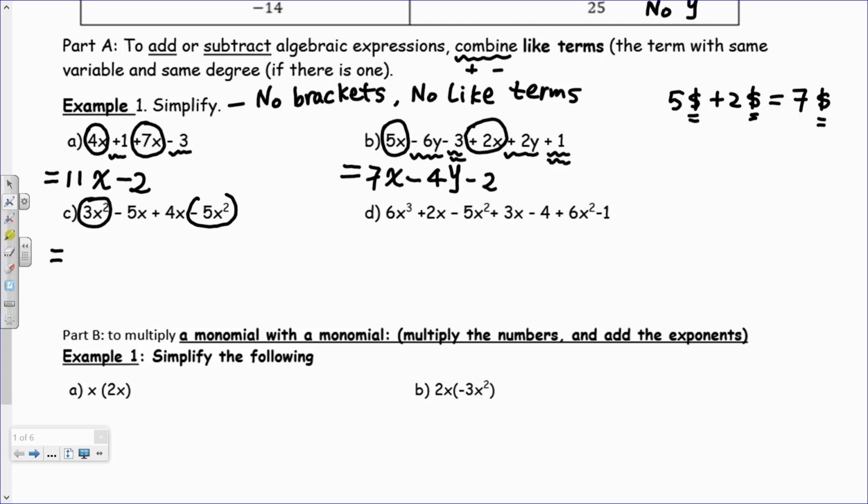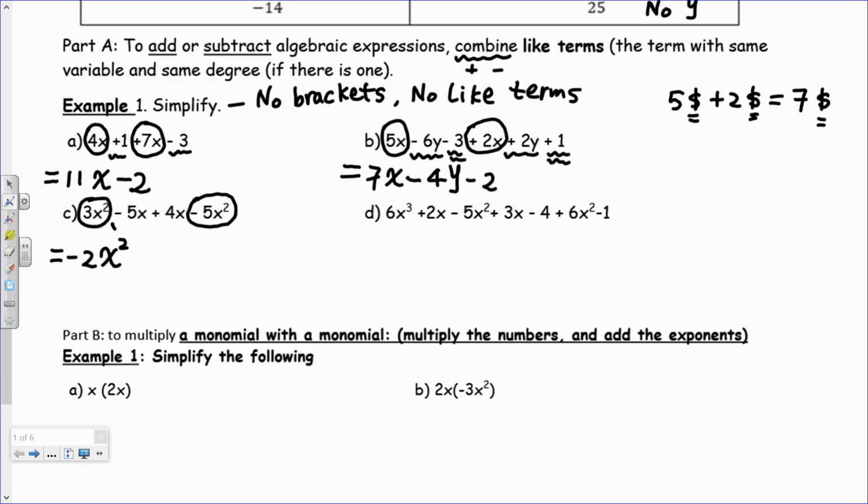Then we are going to add the numbers at front of these two terms together. 3 minus 5 gives you negative 2. X squared is just like a unit. Don't change it. 3 degrees minus 5 degrees. You have negative 2 degrees, not squared. Okay, so this one, x squared together, you treat it as 1 unit.